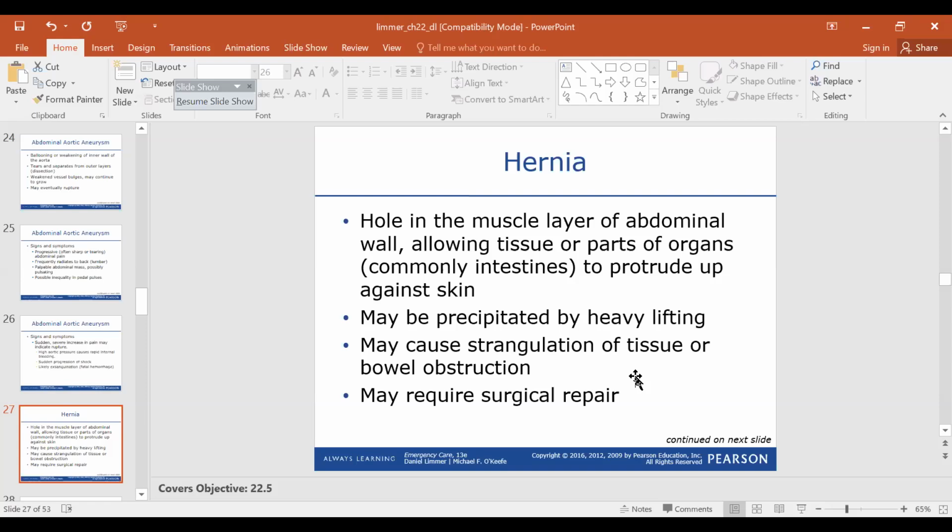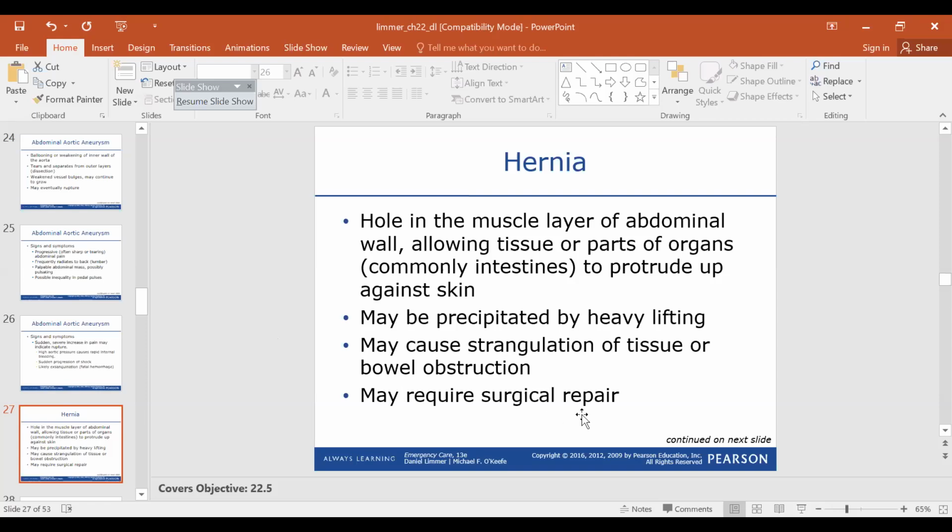So the thick layer of muscles will open up and leave a little pathway for your intestines to be pushed out, because of all the weight inside your abdomen, so a little part can be protruding out. Let's see, maybe precipitated by heavy lifting, may cause strangulation of tissue or bowel obstruction.